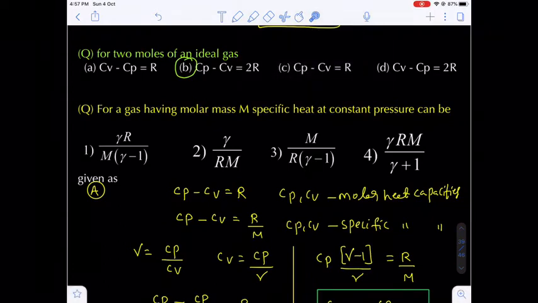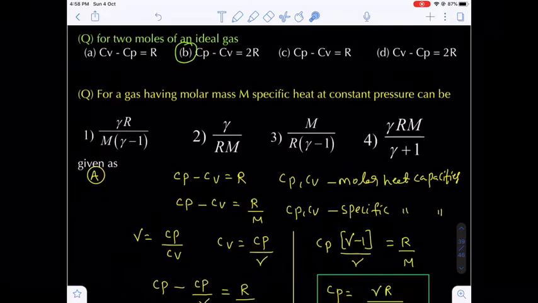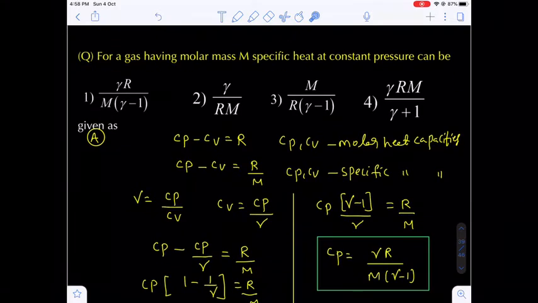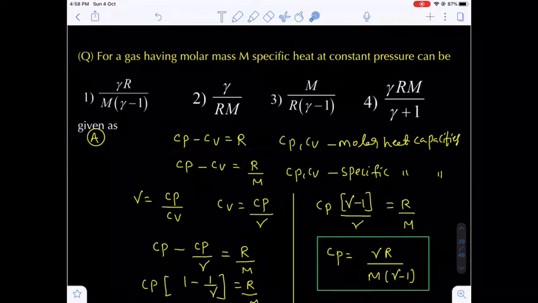Now the next one. Here, for a gas having molar mass capital M, the specific heat capacity at constant pressure will be. The question is about specific heat capacity. What is the meaning of specific heat capacity? Heat capacity corresponding to 1 gram of a substance. First of all I take Cp minus Cv is equal to capital R. Now I divide by molar mass, so you get the value per gram of ideal gas.